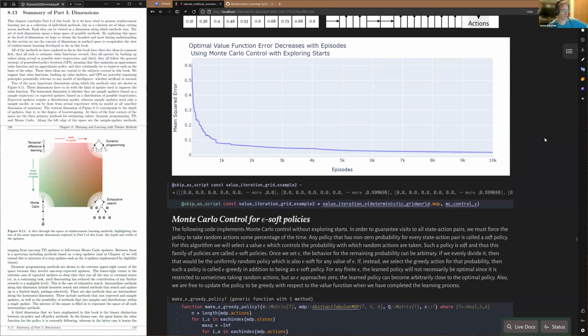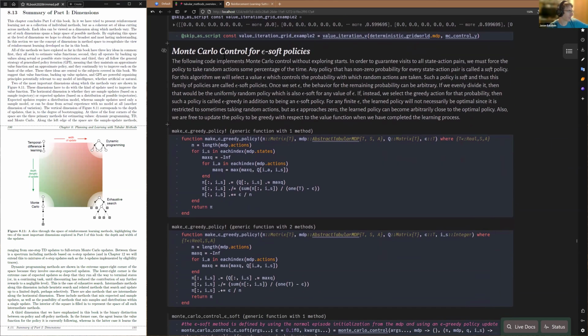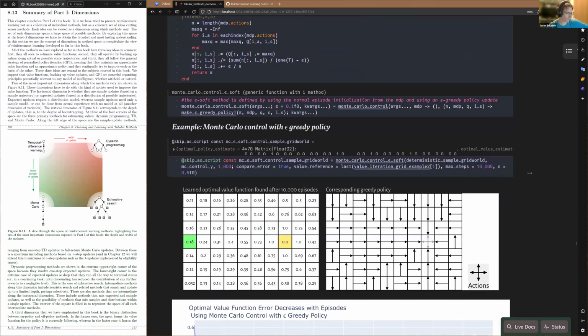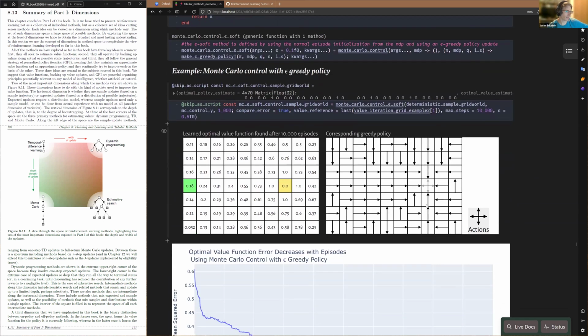The other possibility of guaranteeing this exploration of all the state action pairs is to use epsilon soft policies. In epsilon soft policies, we just reserve a probability epsilon of taking random actions. And this is another way of guaranteeing that we will eventually visit all the state action pairs. Here it doesn't seem to have affected the optimal policy.